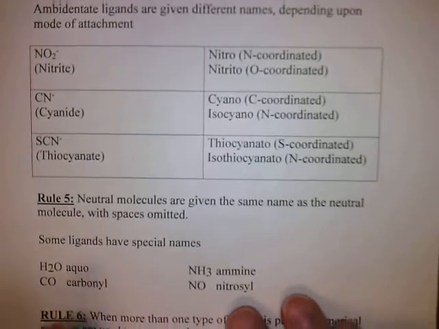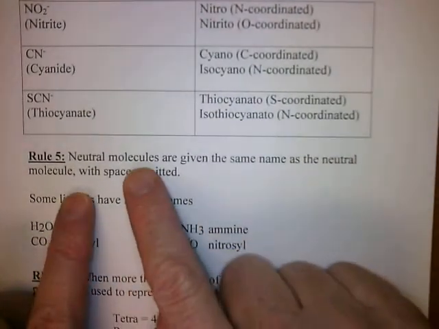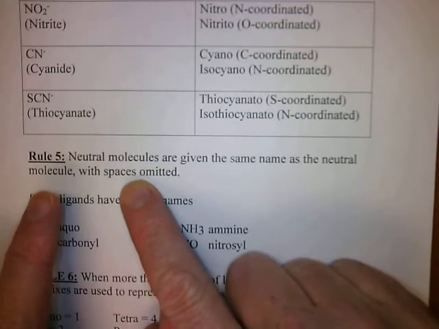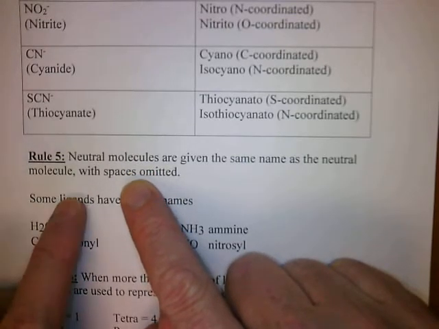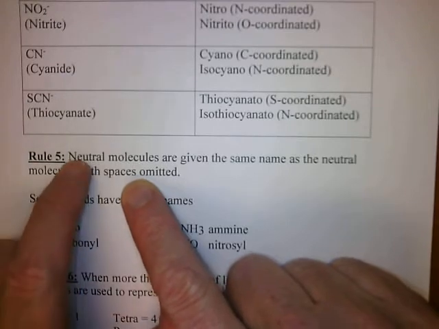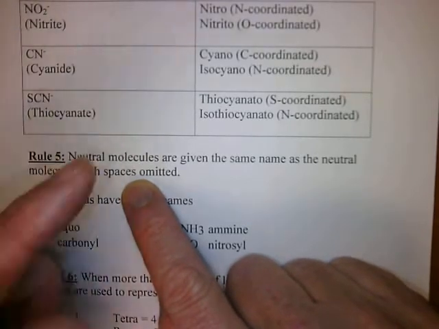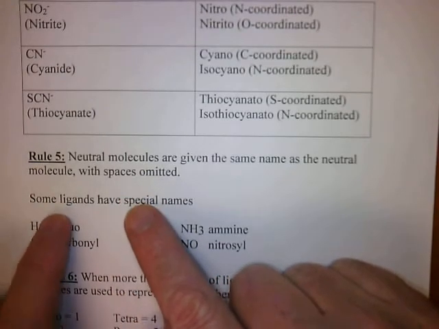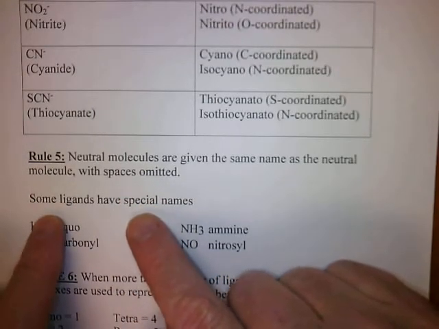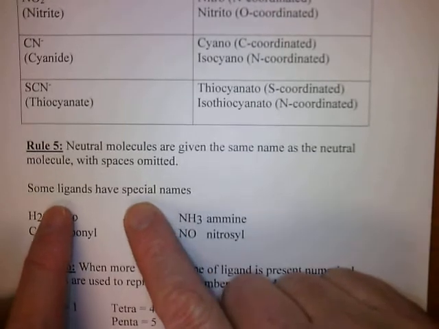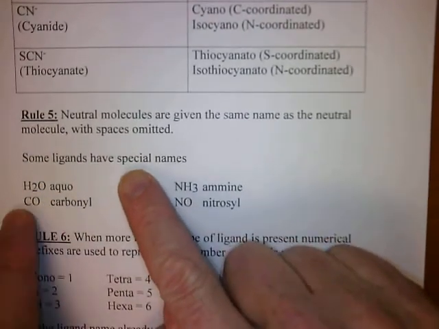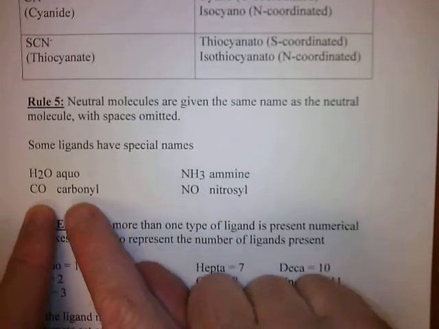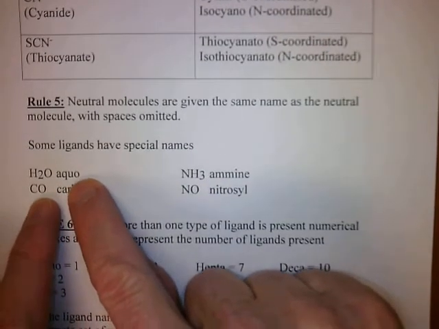Okay. Now, neutral molecules, when they function as a ligand, they're given the same name as the molecule. But some ligands have special names, and these are the most common examples. So, for example, when water functions as a ligand, it's given the name aqua.